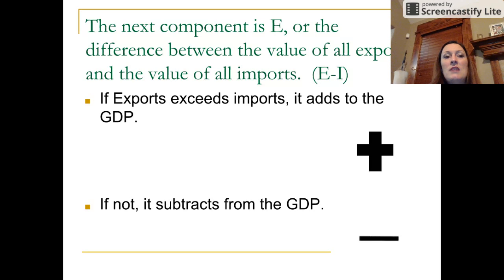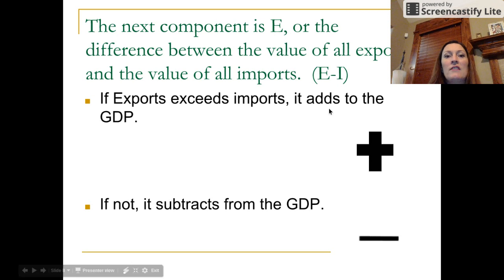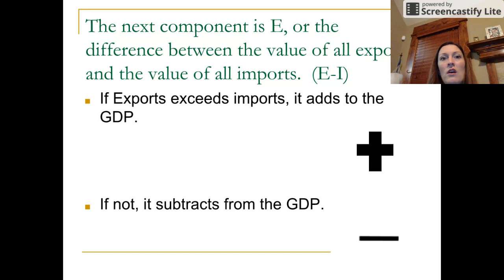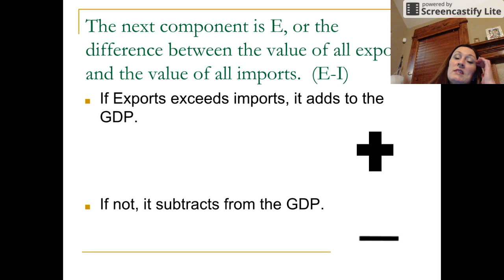The next component is E, which is the difference between the value of all exports and the value of all imports. Now, first of all, you need to know what exports and imports are. Exports are things that our country makes that we sell to other countries. Imports are things made outside of our country that we bring into the country.